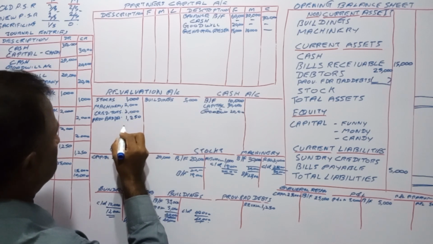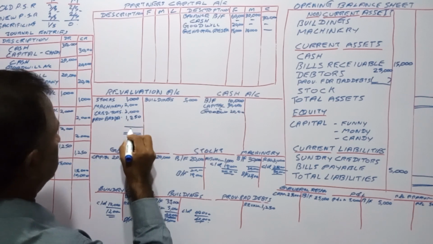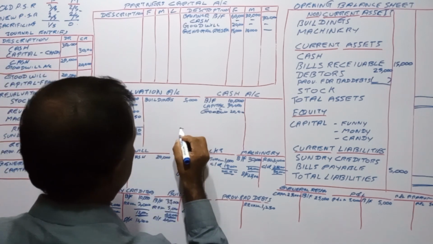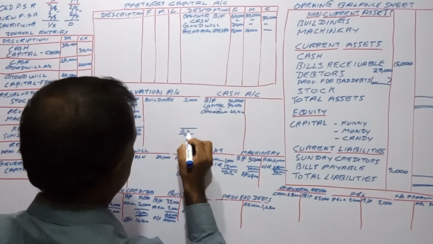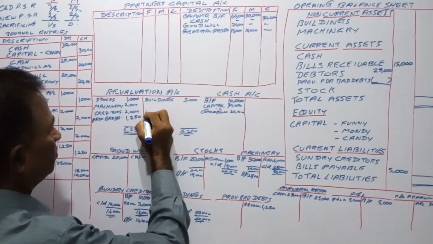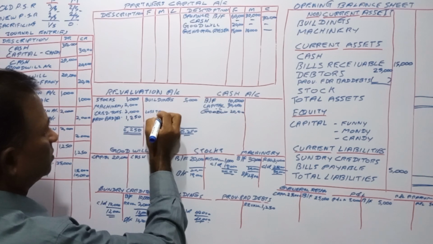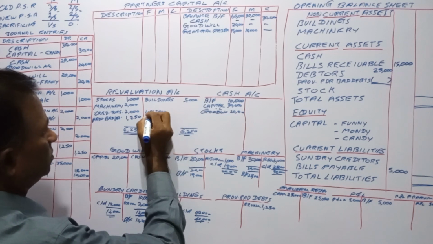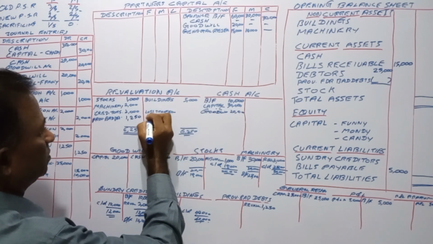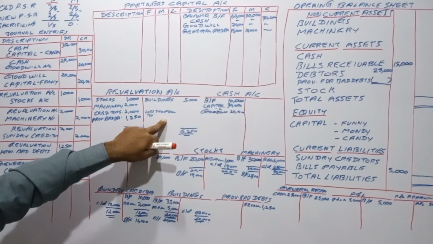When we close, 6,250, 6,250, and the loss is transferred to P&L. You can either transfer to P&L or profit and loss appropriation account.